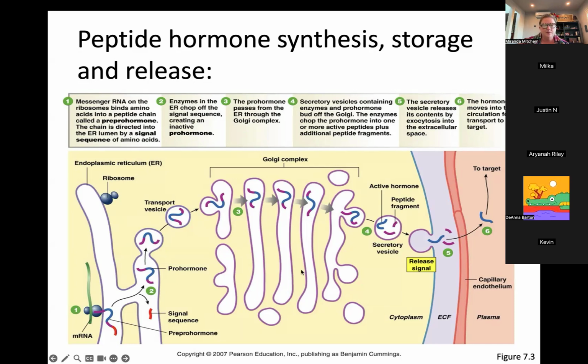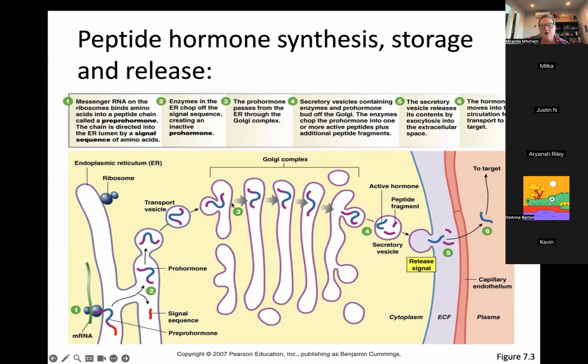So what's happening here is we get our messenger RNA, and this is now a pre-pro hormone, and it's got a signal sequence on it, this red part, that allows it to know to move through. So it's going to move through the endoplasmic reticulum, and as it does that, we cleave off the signal sequence. So now we've got a prohormone, which buds off in a vesicle, and that is transported to the Golgi.